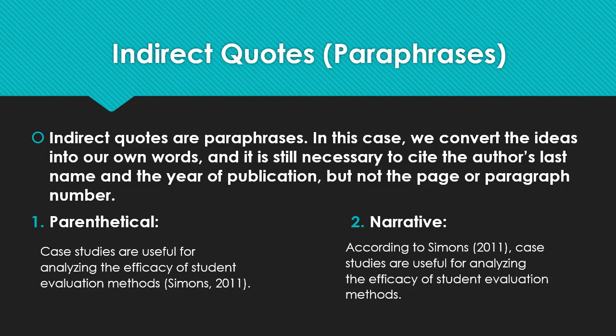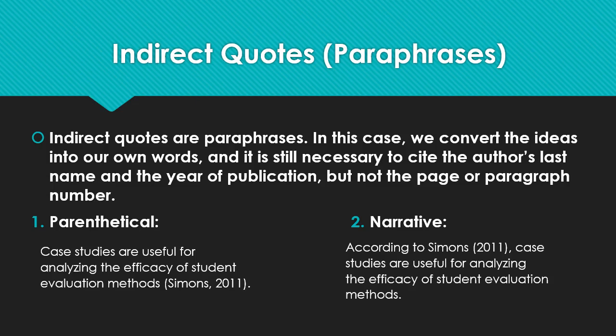So for example, in a parenthetical citation, this is my paraphrase, and then directly afterward, I put the author's last name and the year. And if it's a narrative citation, I'm mentioning the author's last name in the text of the essay, according to Simons, and then I put the year directly after the last name, then the information that was borrowed.